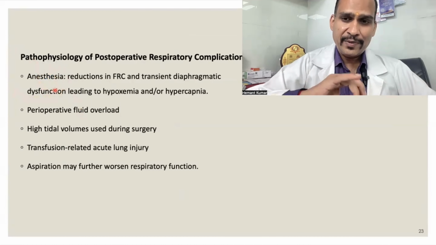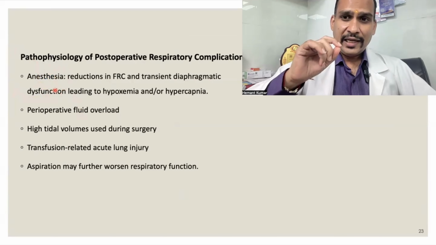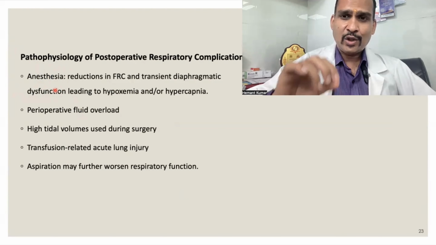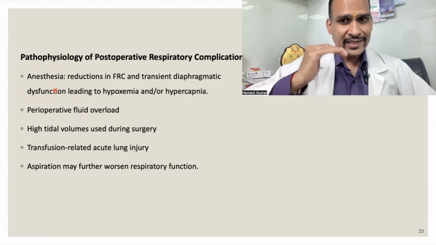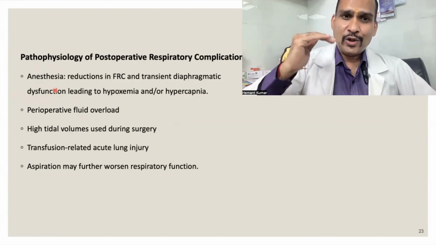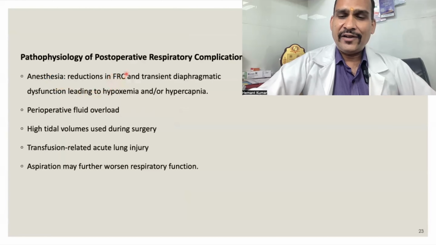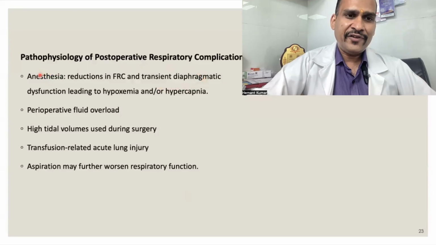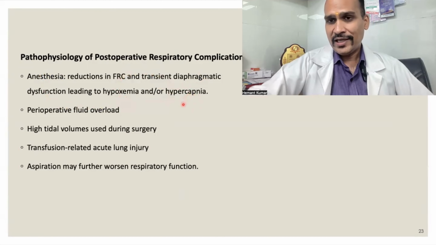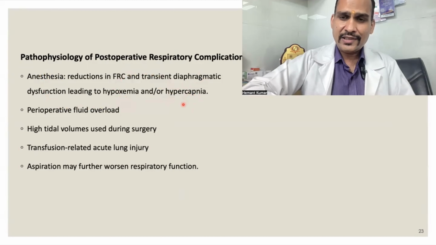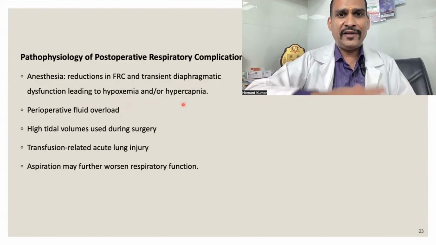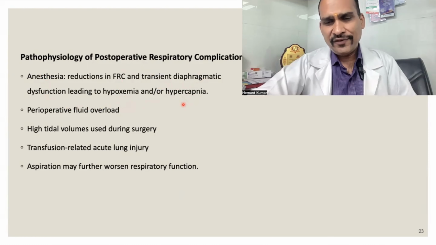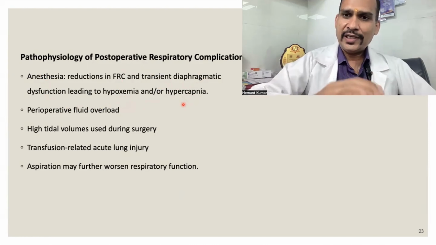As we know from our MBBS days, anesthesia causes basal atelectasis, a reduction in FRC, functional residual capacity, and transient diaphragmatic dysfunction, which lead to hypoxemia or hypercapnia. This will lead to respiratory problems.